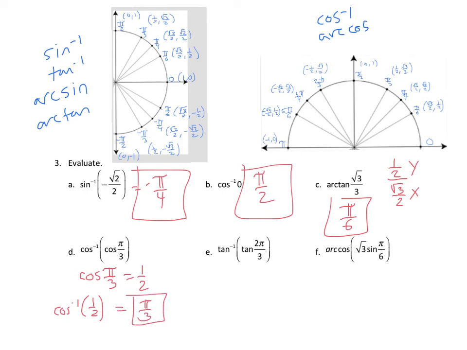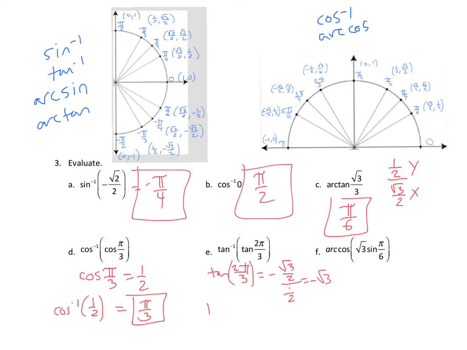In the next example, first I'm going to do tangent of 2 pi over 3. Tangent of 2 pi over 3 is negative radical 3 over 2 divided by 1/2, which gives us negative radical 3.